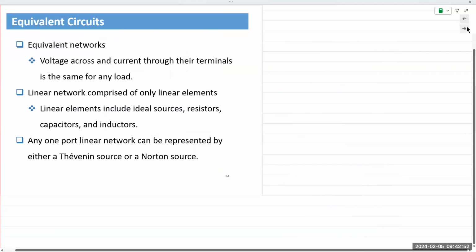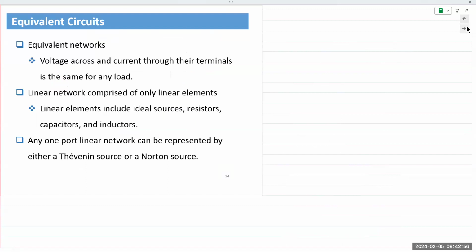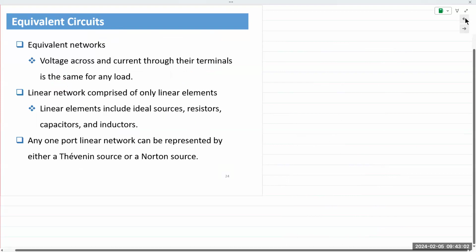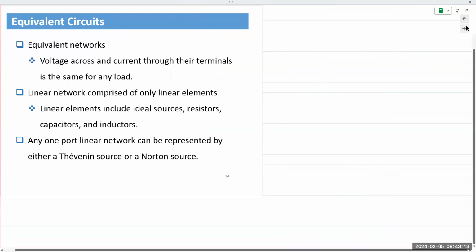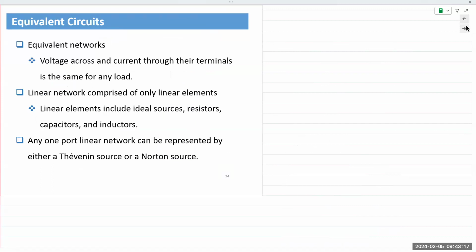So, I kept using the word equivalent networks or equivalent circuits. The reason is, as seen by that particular component, in this example R6, if you look at the circuit from the perspective of R6, the circuit will have a voltage and a current through that component that remains the same no matter what the value of that component is.